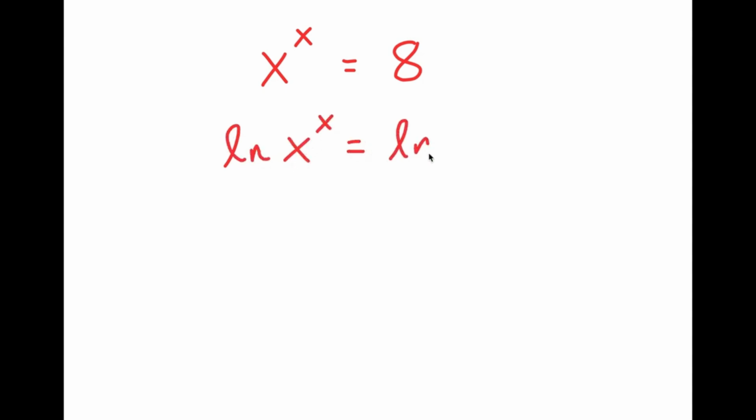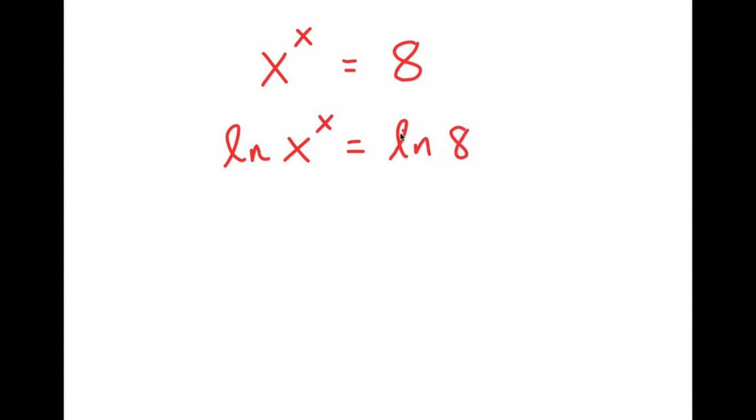Alright, so in this video, we're going to be solving the equation x to the power of x is equal to 8. So, at first glance, this problem may look challenging. To solve this, I'm going to first start by taking the ln, or natural log, on both sides. So I get ln x to the power of x is equal to ln 8.